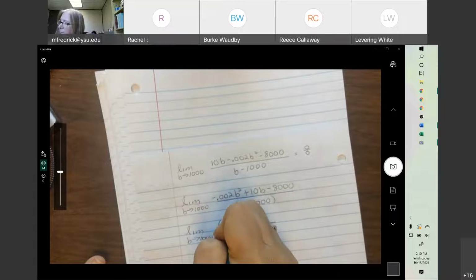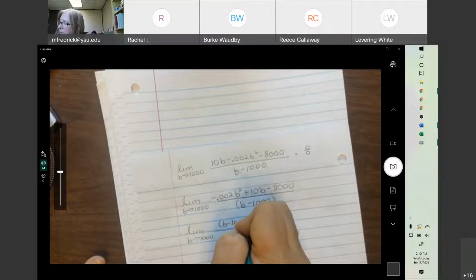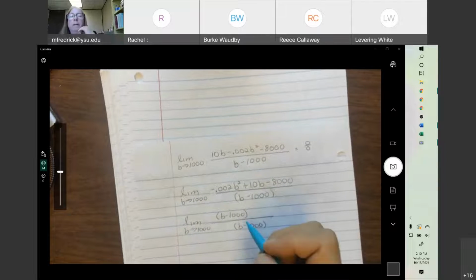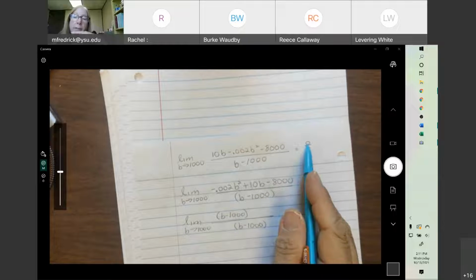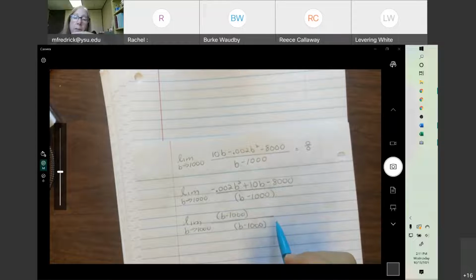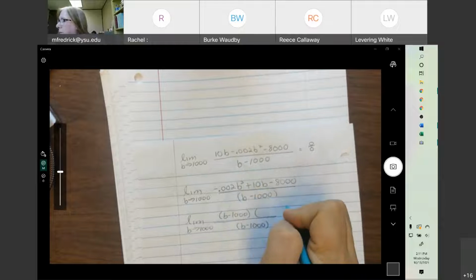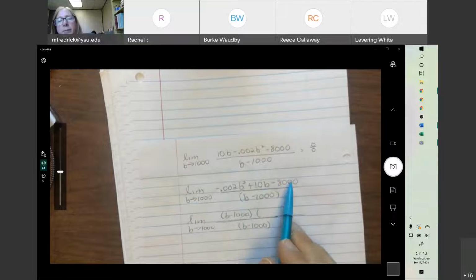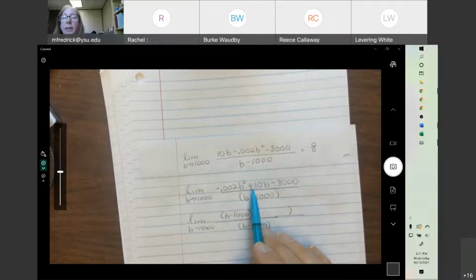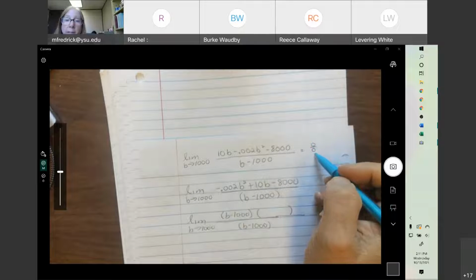So we know the one factor is b minus 1,000 because that's what's getting us our 0 on top and on bottom. Now you only have to worry about this first term and the last one. The middle will fall into place. Otherwise, we wouldn't have had 0 over 0.